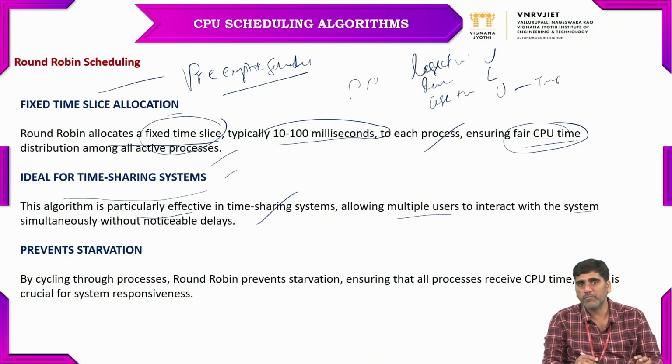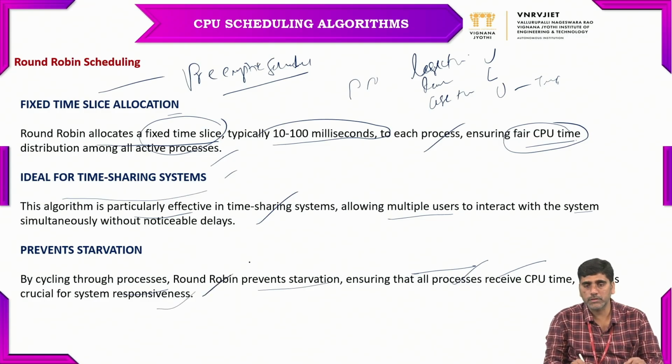So what is the main problem which occurs in the priority scheduling algorithm? Starvation. Whenever the higher priority process is executed, the lower priority process has to wait till it completes. That starvation is prevented here, because the CPU is given to all the processes. By cycling through the processes, round robin prevents starvation and ensures all processes receive CPU time, which is crucial for system responsiveness.